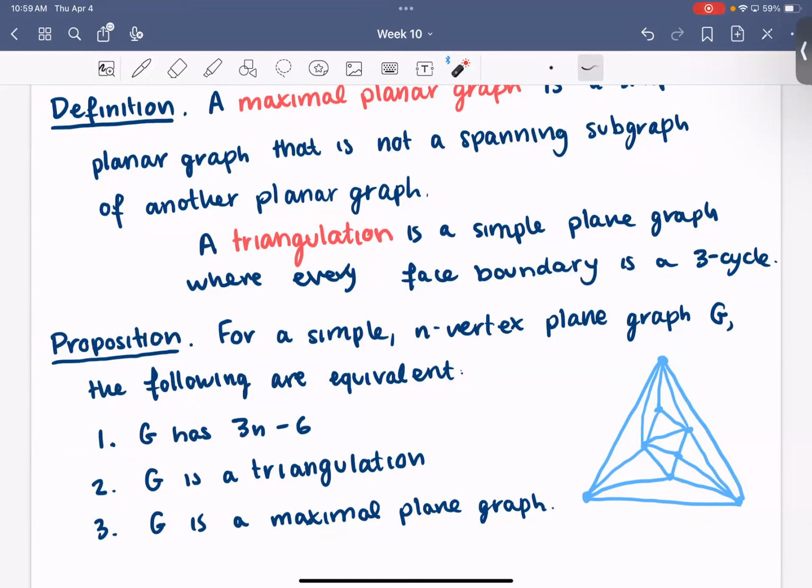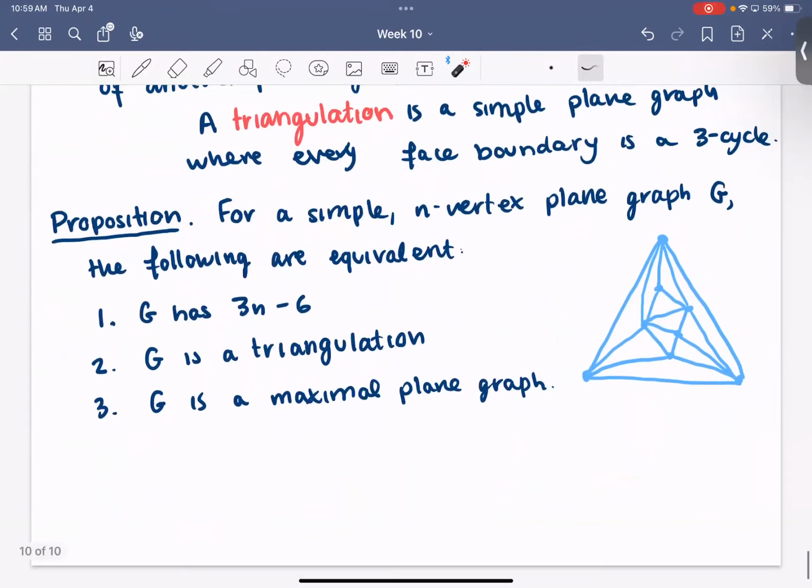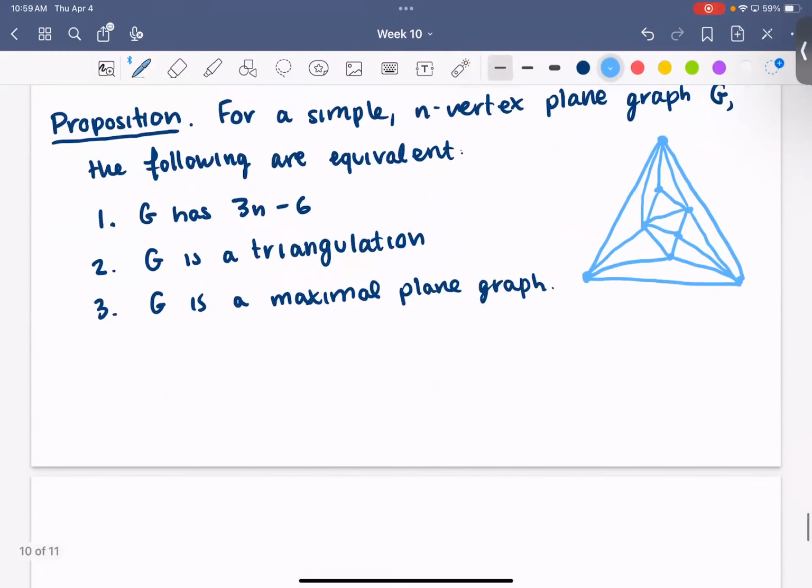Okay, so let's prove this. Let's start with the equivalence of 1 and 2. I'm gonna give you a few minutes to think about a possible proof of why these two are equivalent, and then we'll discuss.